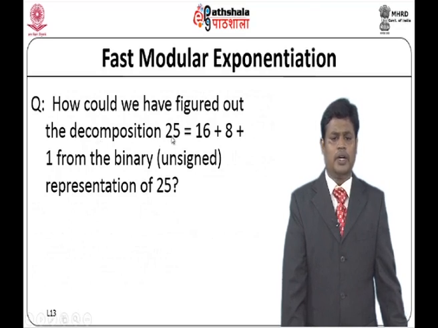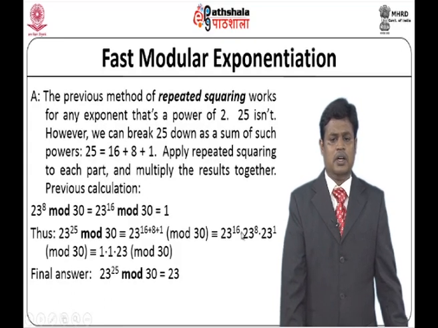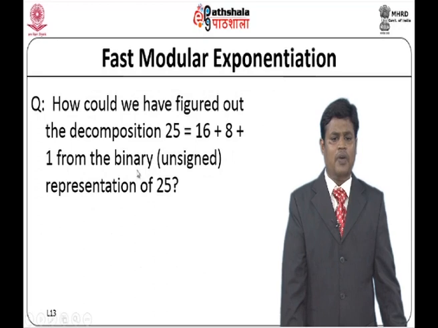How are we going to take the 25 into account? From the binary, how could you figure out the decomposition? 25 is equal to 16 plus 8 plus 1, from the binary representation of 25. How did I make it 16 plus 8 plus 1 in the previous step? We can do that with the help of the binary representation.